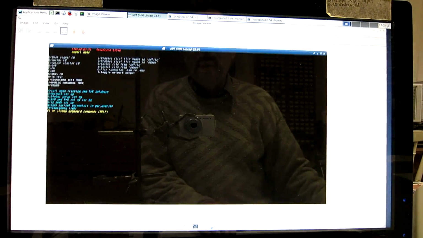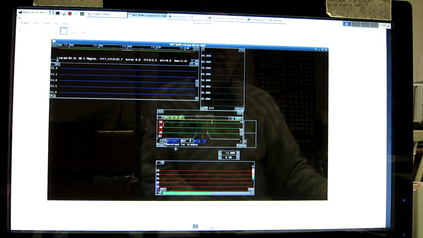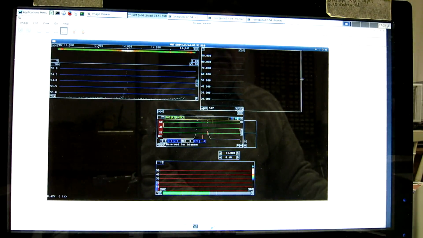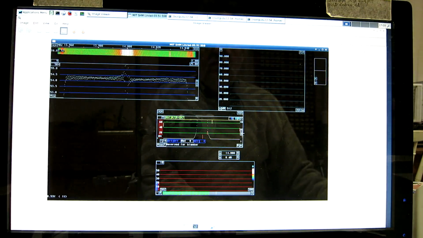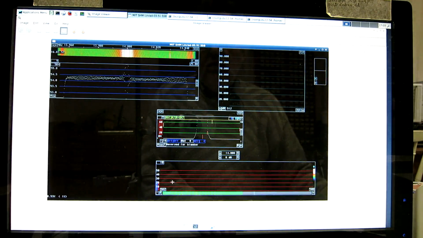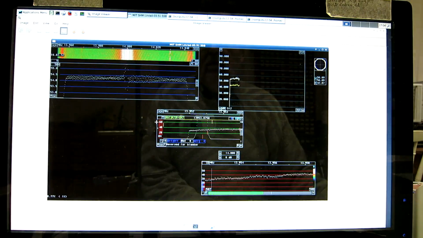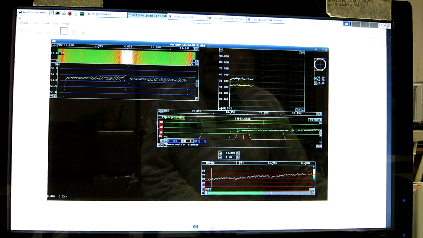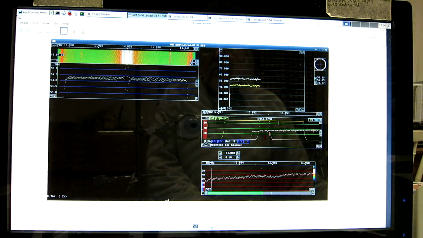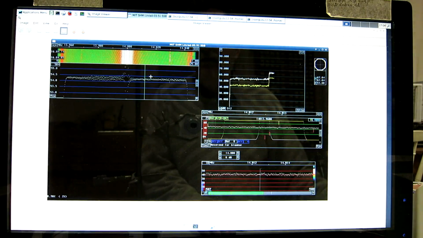And we have a little bit more screen width, and go for D. And we have the noise blanker running, and I have to select some reasonable frequency.